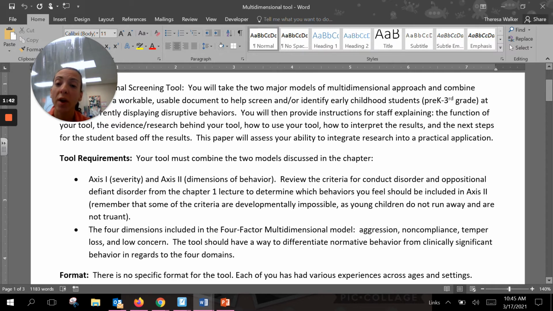So when we're talking about axis 2, and the dimensions of behaviors, a lot of that is also going to be included in those 4-factor multidimensional models. So you're going to have to include those 4 in your axis 2, but you're going to want to look and see if there's others that you think that you need to include from the CD and the ODD diagnosis.